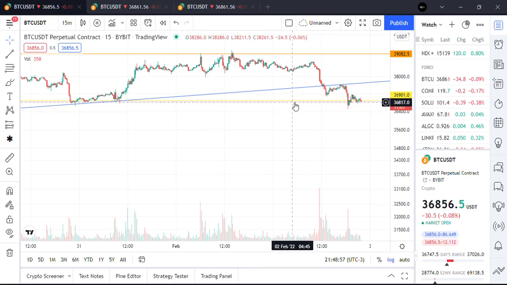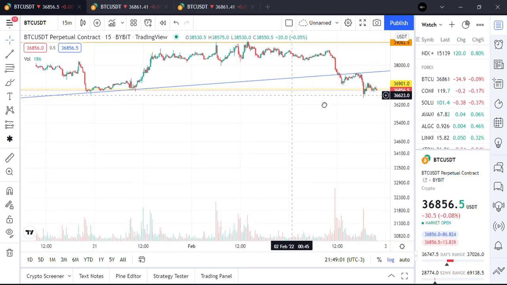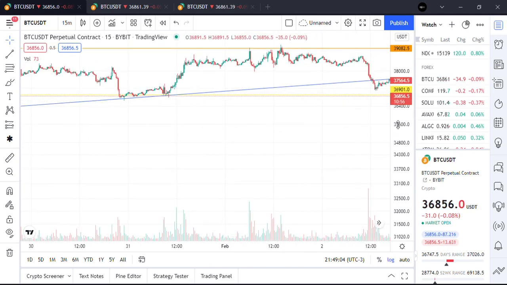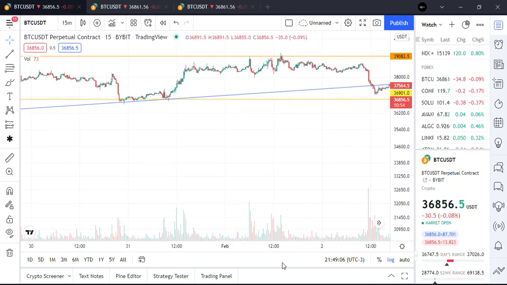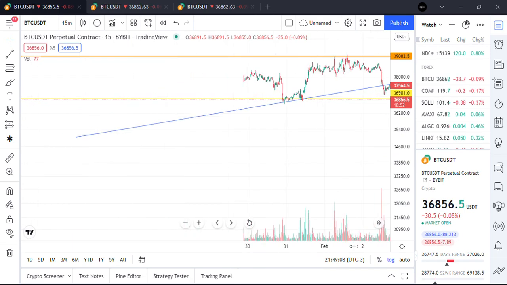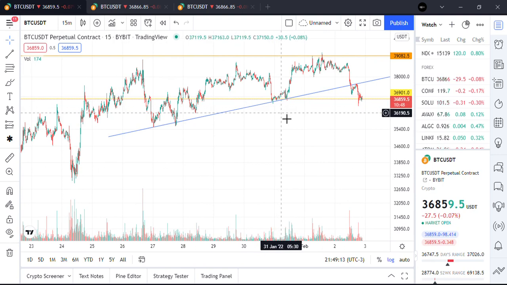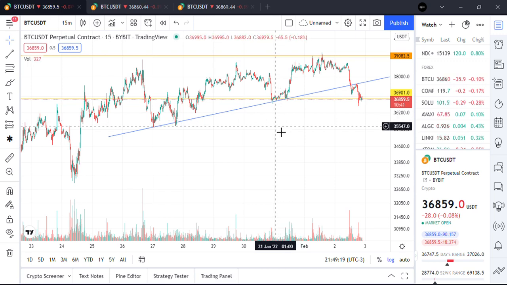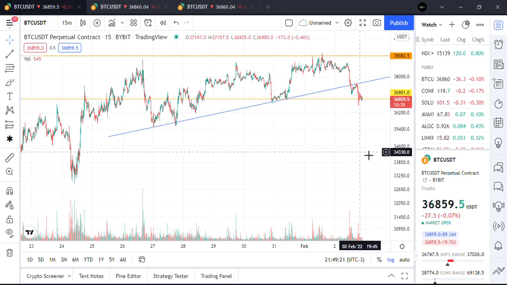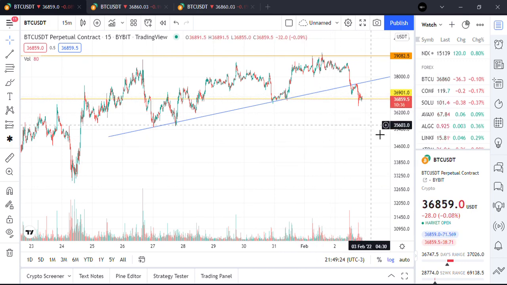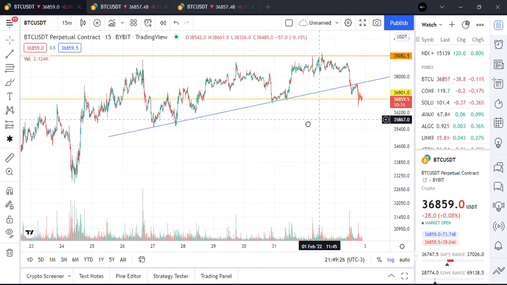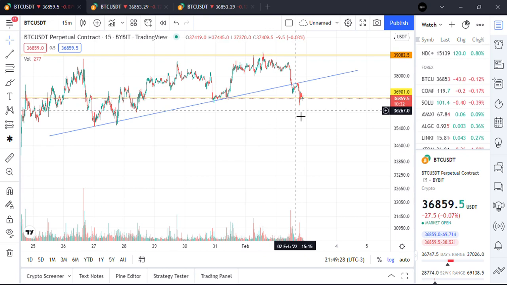Put TP1 here, TP2, TP3, TP4, and TP5. So these are previous lows. This is where you put your take profit and make good profits out of this trade.